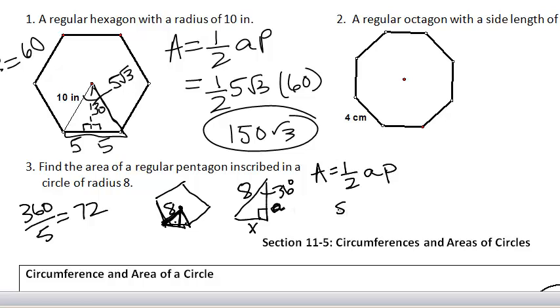So the sine of 36 equals opposite over hypotenuse, and multiplying 8 times the sine of 36, we get 4.7 for X, which is just half of a side. So the whole side is 4.7 times 2, so we got 9.4 for the entire side length.